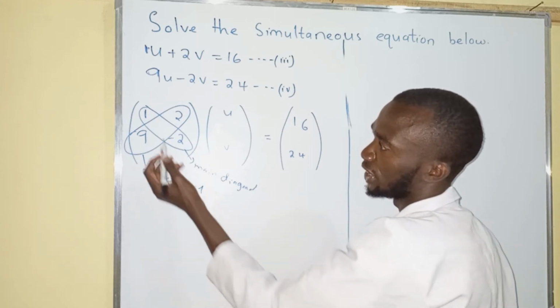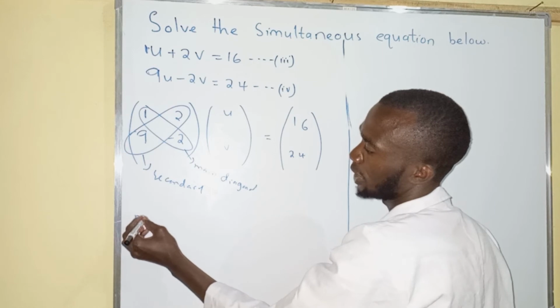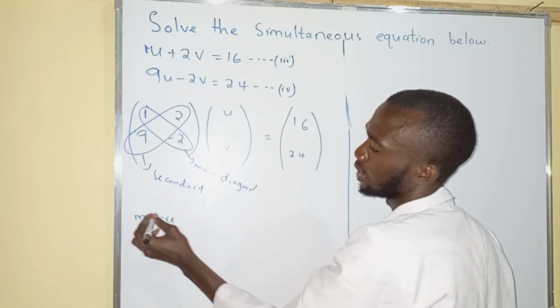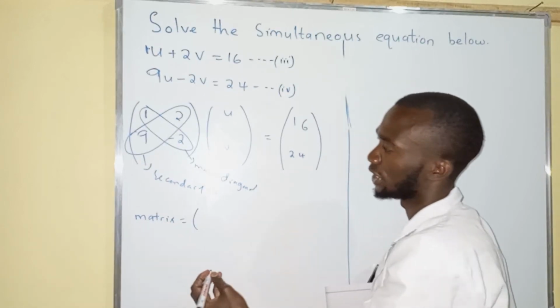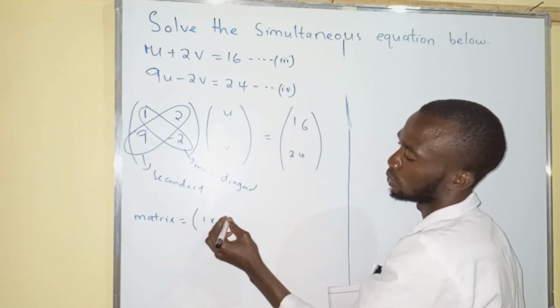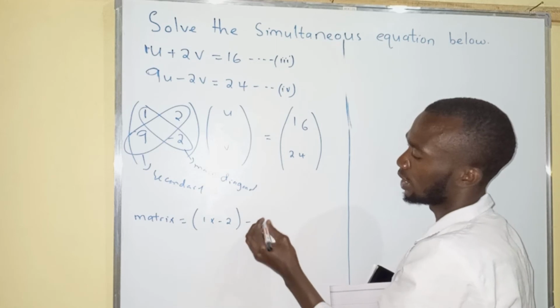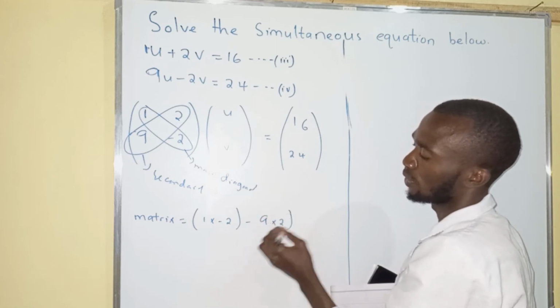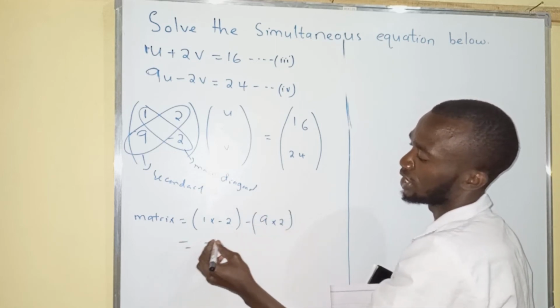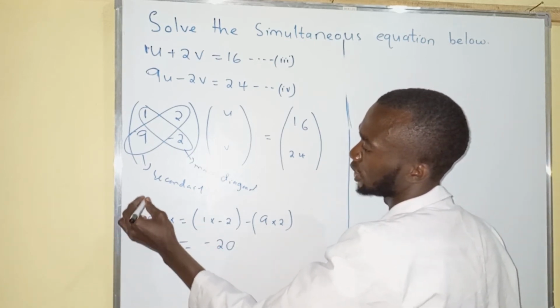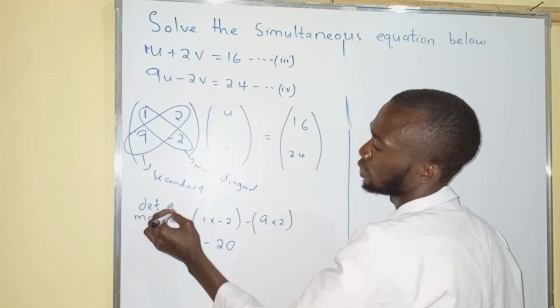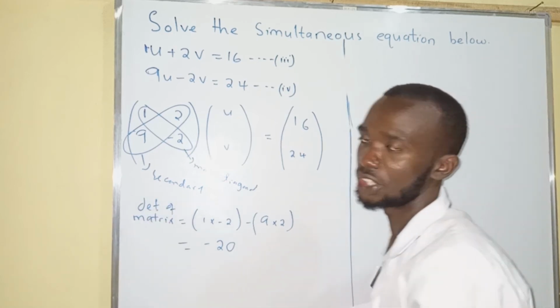Now the determinant is the product of the primary minus secondary, 1 times negative 2 minus 9 times 2. So this is the same as negative 20. The determinant of the matrix is negative 20.